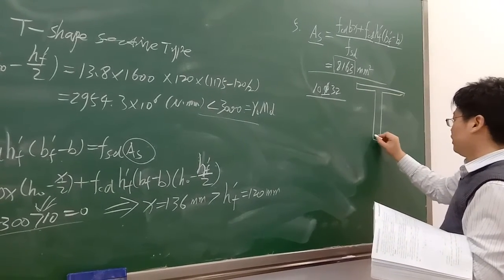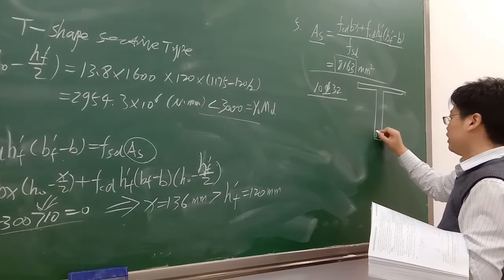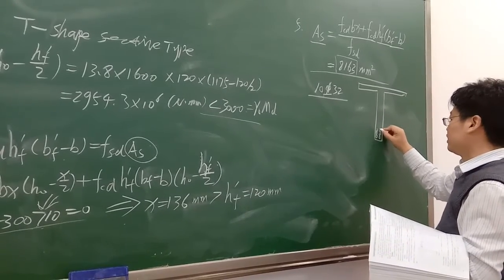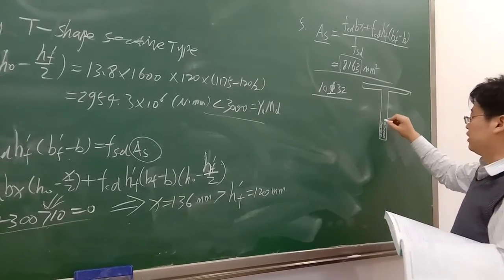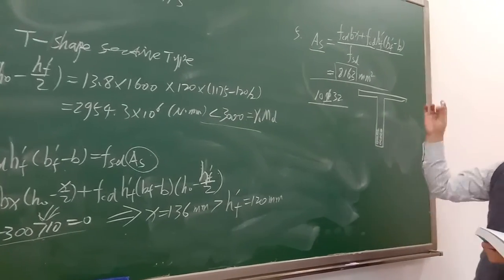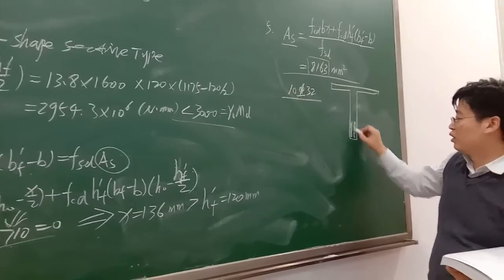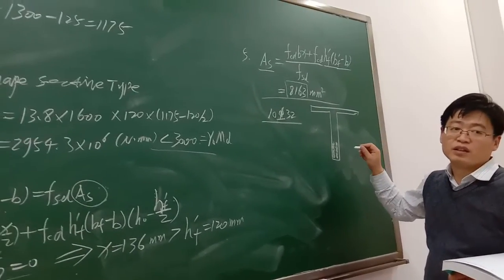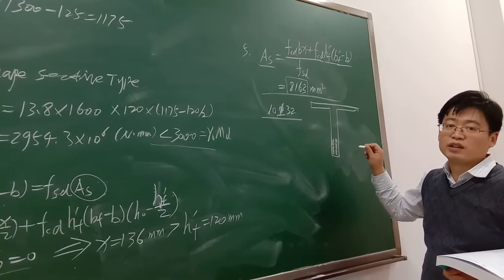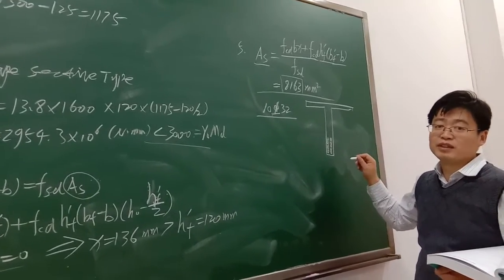Normally for the T shape, the arrangement of the bars is normally just on two columns, one by one. This is the skeleton of the reinforcement.